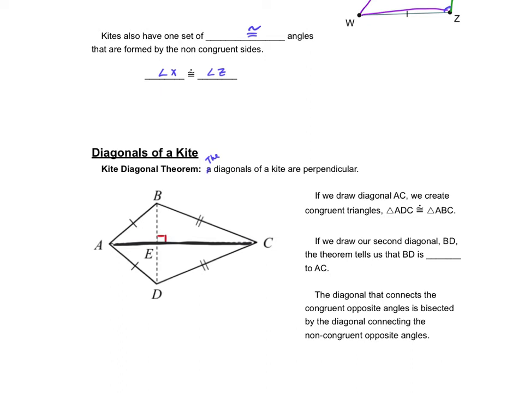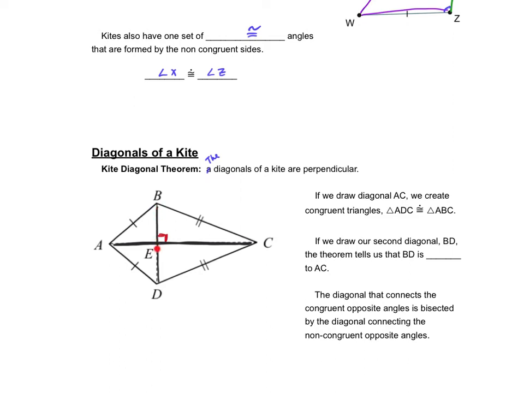And if we draw our second diagonal in, BD, the theorem tells us that BD is perpendicular to AC, so we see that perpendicular intersection. Now the diagonal that connects the congruent opposite angles is bisected by the diagonal connecting the non-congruent sides. What does that mean?